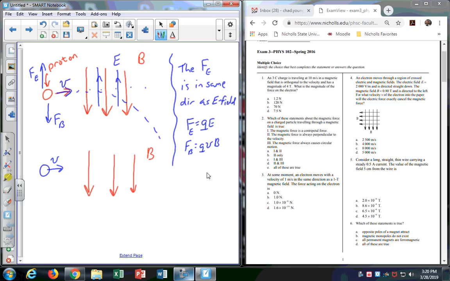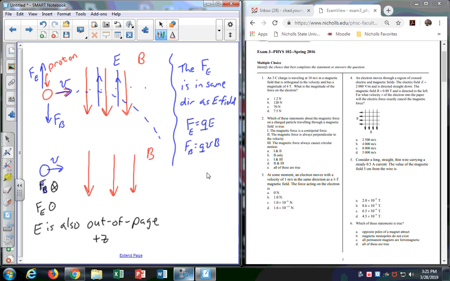So FB, I'll do it in black, is into the page. So I want FE to be what direction? Out of the page. Yeah, I'm very sorry. So the electric field is also out of the page, or in the plus Z direction.